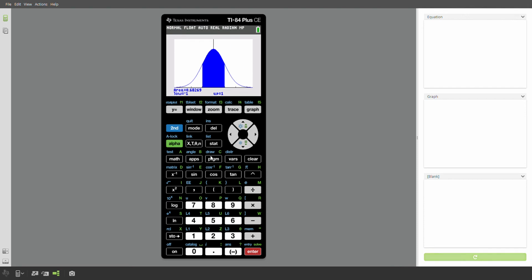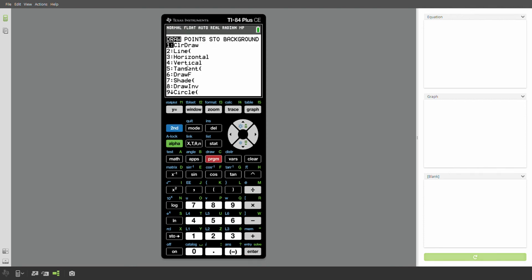And the way you do that is, oddly enough, I know it's a separate draw command, but right here next to the distribution command is one that says draw. And the very first command in that menu is clear draw. You're going to need to hit that, and it will clear off the entire thing so that you can do your next problem.